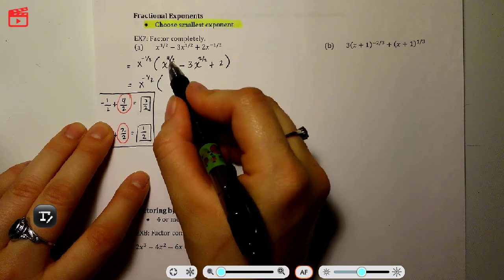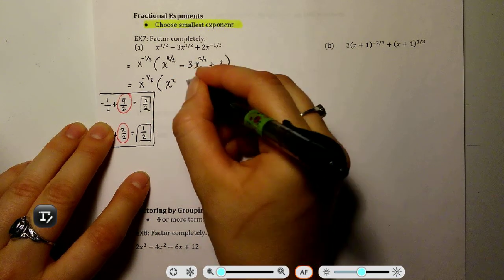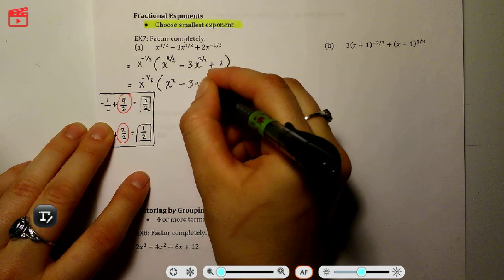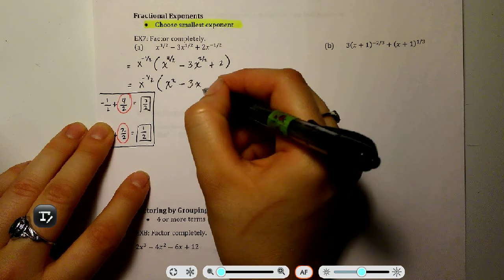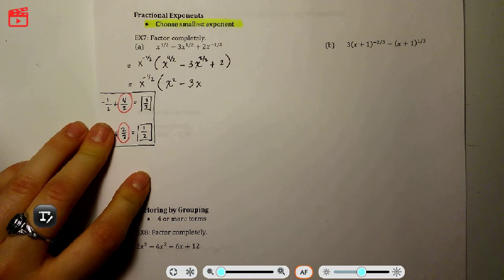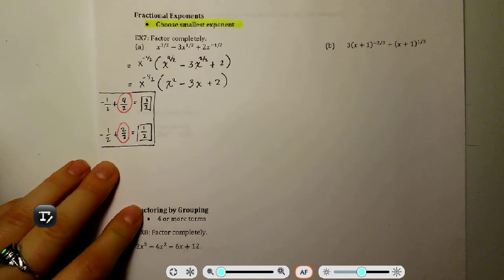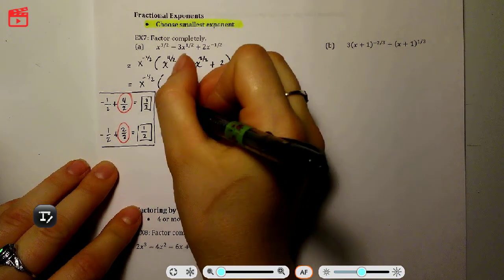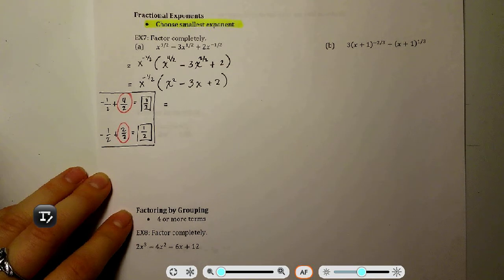I can simplify this fraction. 4 over 2 is the same as x to the second power. Then minus 3x to the 2 divided by 2, which will just be 1. You could write the 1 if you want to, or you can leave it without the 1. Most of the time we choose to leave it without the 1. And then plus 2.